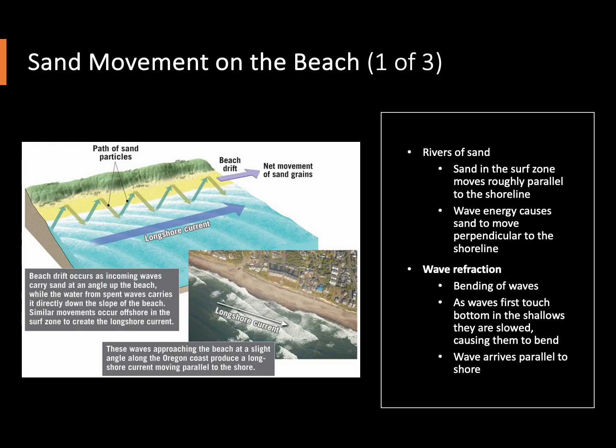If we look at the way that sand is moving along our shoreline, we're going to see that it actually moves parallel to the shore. And this is through something called a longshore current, which you can see in the image. The reason why we have this longshore current is due to multiple waves moving in and out. So if you look at this image, you'll see that the waves are coming in at an angle.